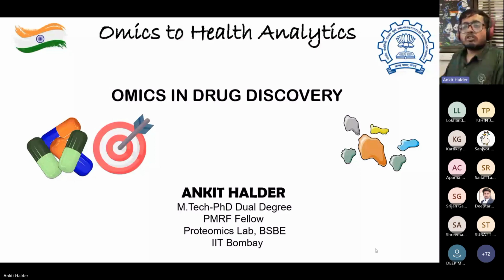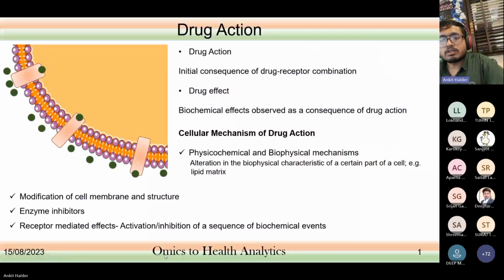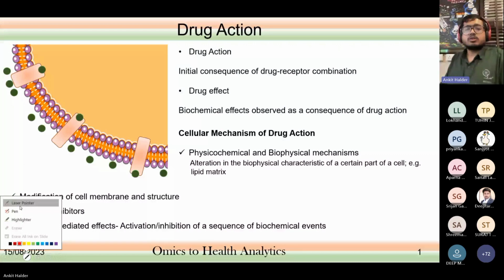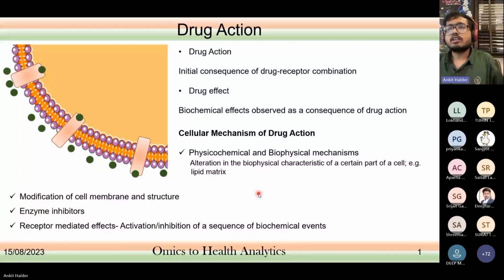So what we know from our pharmacokinetic studies is that the drug has two kinds of consequences. One is your drug action: a drug tries to identify its particular receptor, gets attached to it, and then gets transferred to the molecule where it will act, where the action gets done. So that gives you two things.